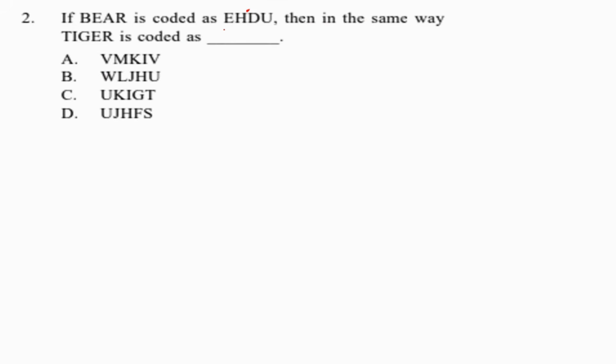Next, this is a coding-decoding question where BEER is coded as EHHU. Can we see it as adding 3 to the alphabets? After B: C, D, E, the third alphabet has been taken. After E: F, G, H, again the third alphabet has been taken.